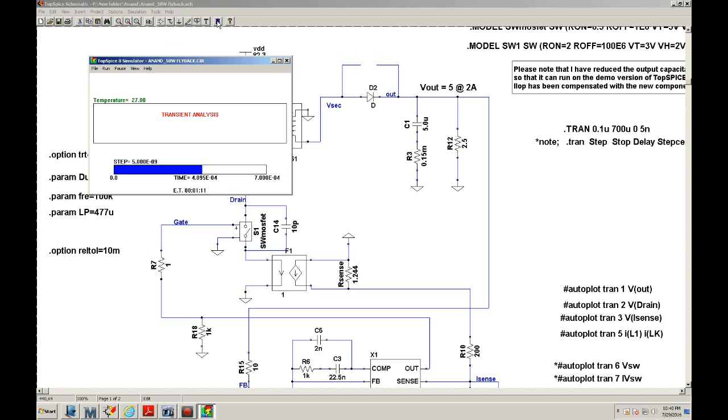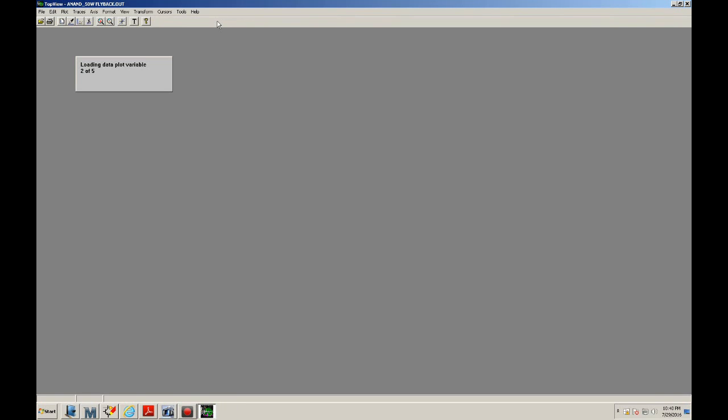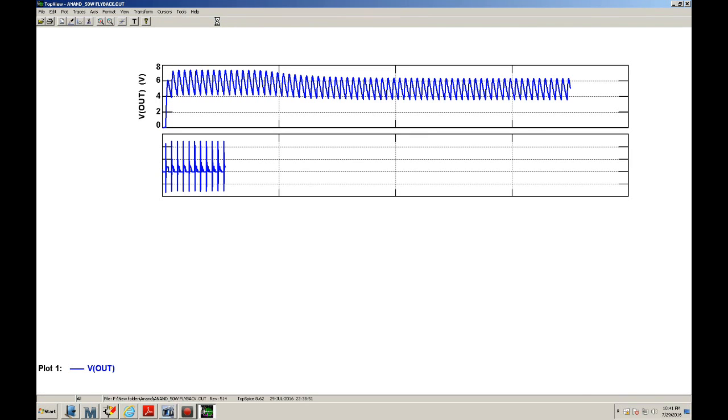Almost halfway done. Almost there. Okay, it's regulating.